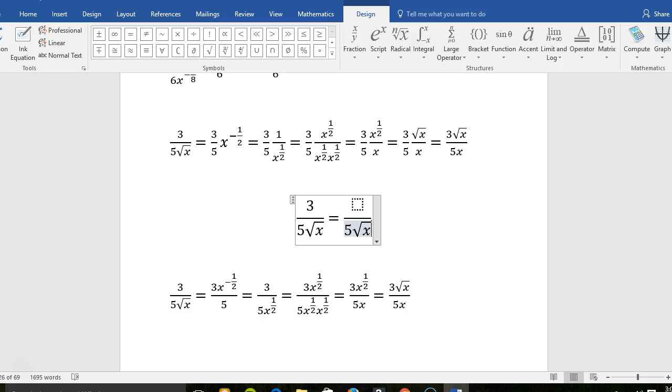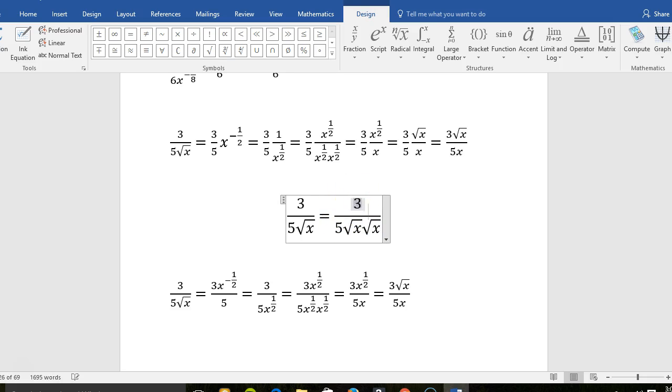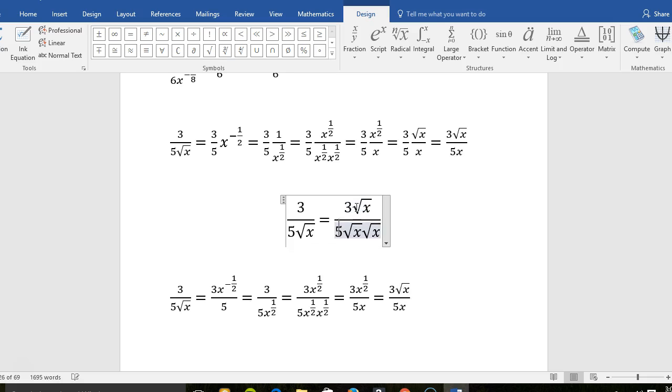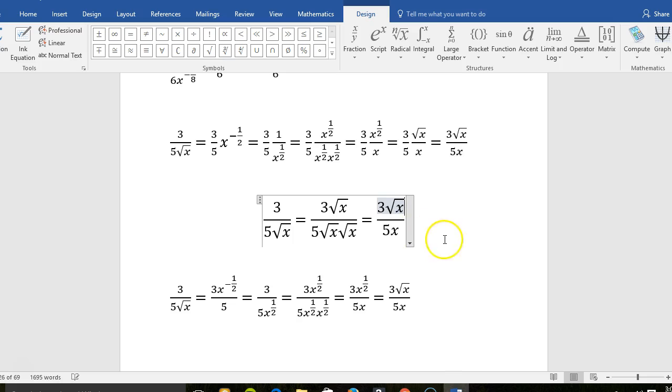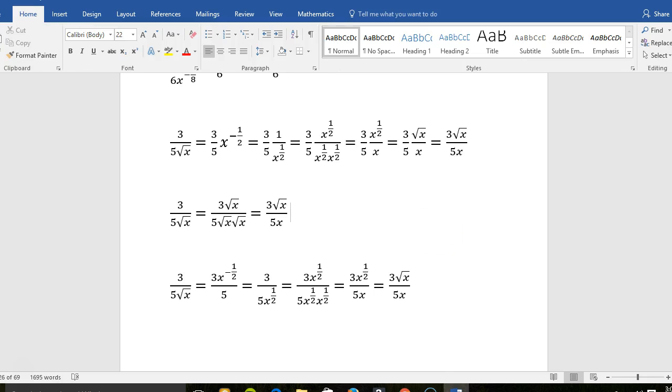You just stick another multiplicative radical x down here beside the one that was already there, and you stick a radical x up here with the 3. The whole point is that by associativity, these two radical x's multiply on the bottom, and you just get ordinary x. We're assuming, as always, all variables are positive. So we just get 3 radical x over 5x.